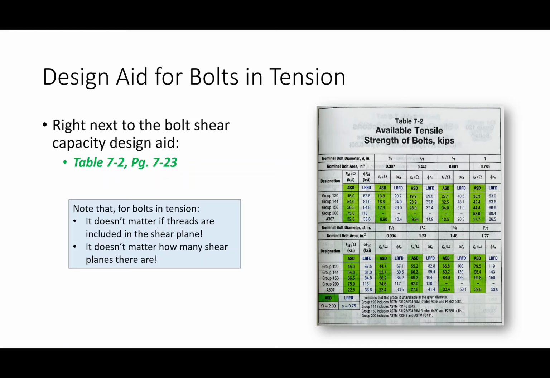So the 7-2 design aid for tension is a lot more compact than it is for shear, because with shear there's a lot more variables. Is it single shear, double shear, threads included, threads excluded? So if you look, Table 7-1 is longer than 7-2 because there's more going on. Does that make sense? If we wanted to check bolt shear capacity, take the shear load per bolt and compare it to the shear capacity of a single bolt.